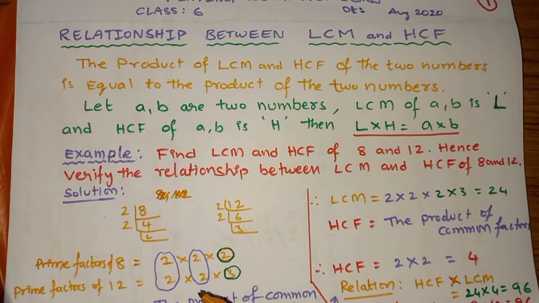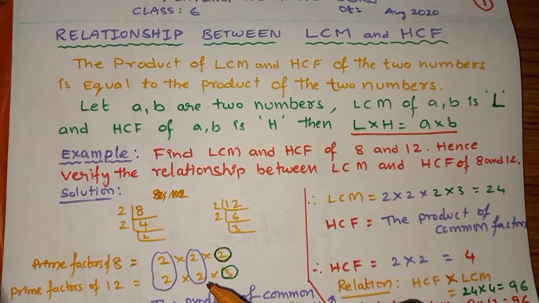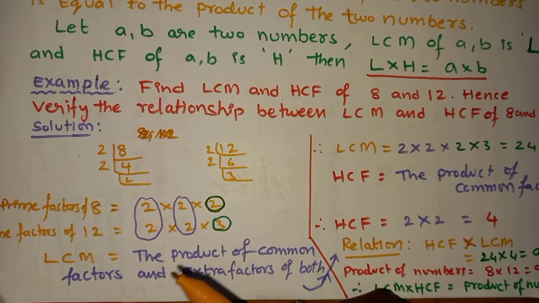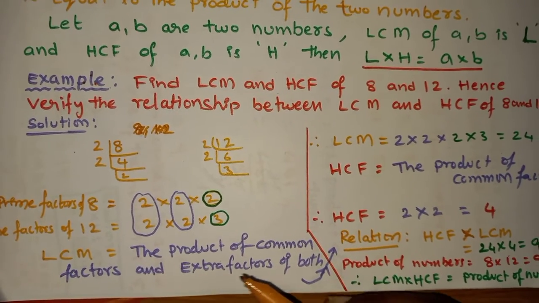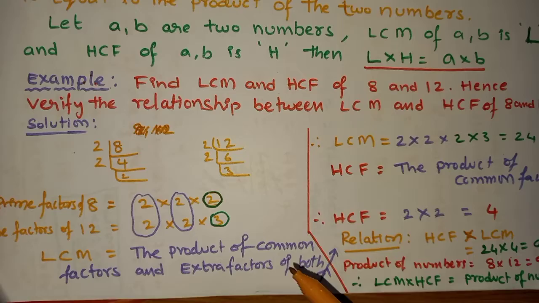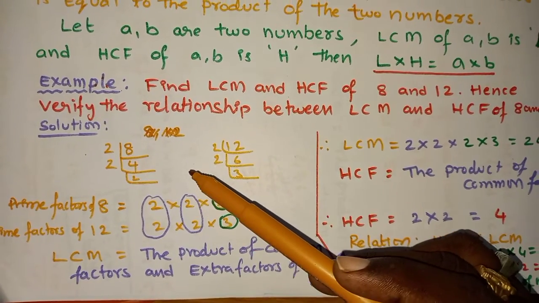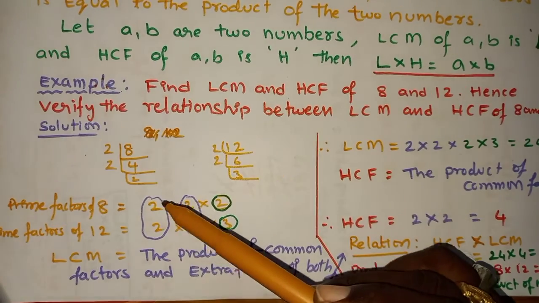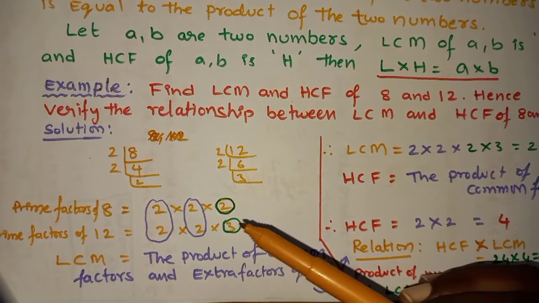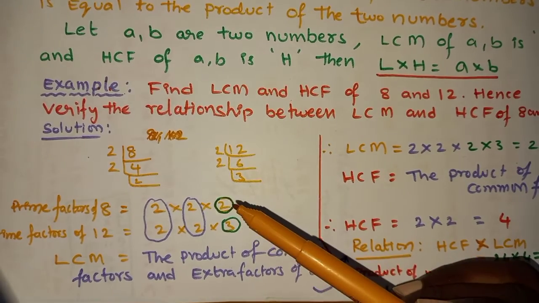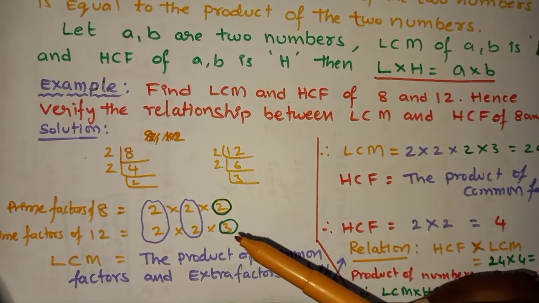Now according to the definition, LCM means the product of common factors and extra factors of both. In this prime factorization, here 2 is common and here 2 is common, but in the first prime factorization 2 is extra, and here 3 is extra.